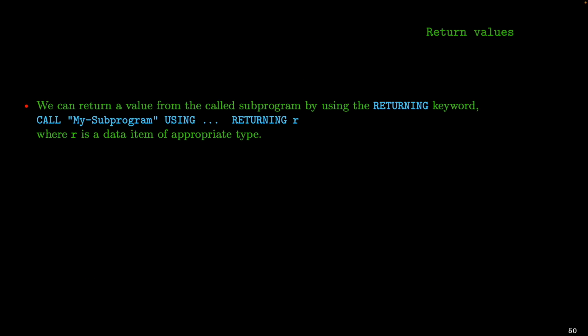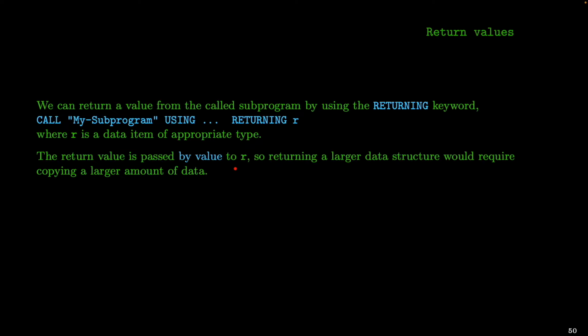Also, we can return values from a subprogram call using the returning keyword. It looks like this: call my subprogram using whatever arguments we have with whatever calling procedure. And then finally we can write returning r, where r is some data item that has to be of the appropriate type for whatever type of data is returned by my subprogram. The return value is passed by value to r, so it will be copied into the variable r.